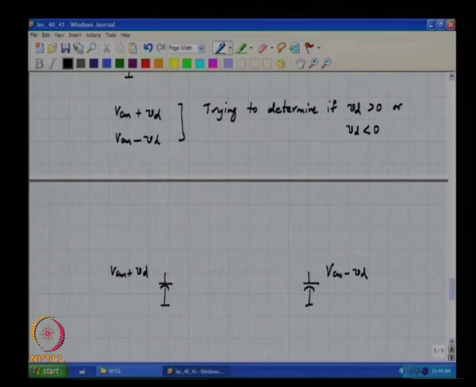We need to sense. What were we doing earlier in the single ended case? If VD was greater than 0, we were pushing it higher by using a voltage controlled current source which only depended on VD. Now what should you do?